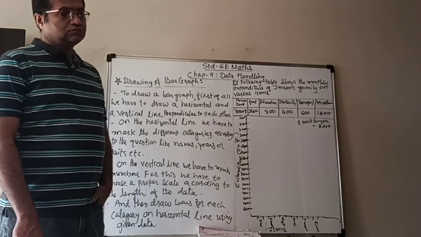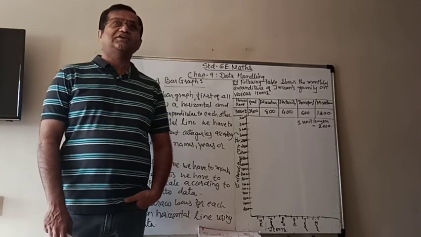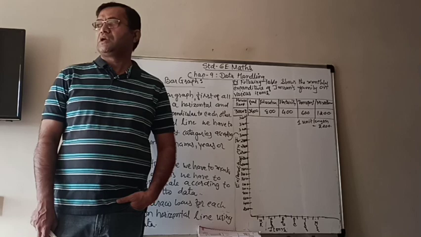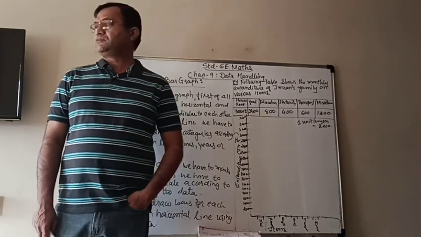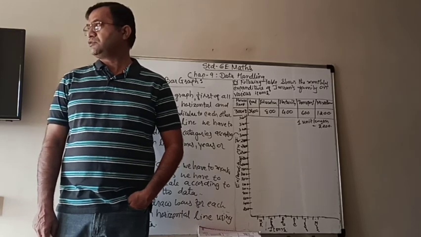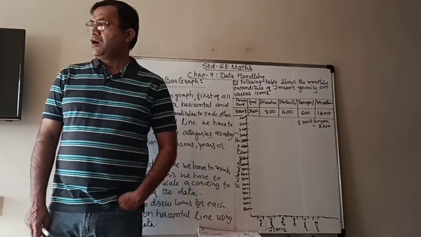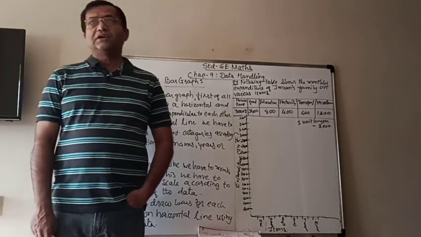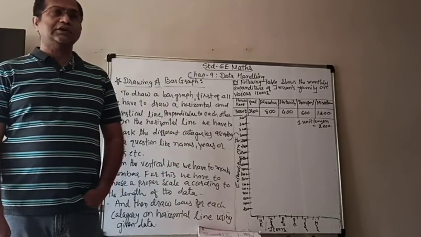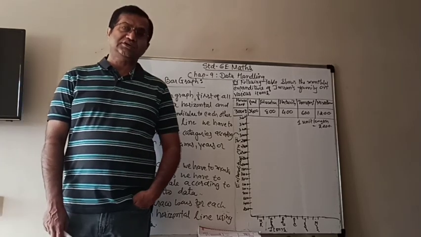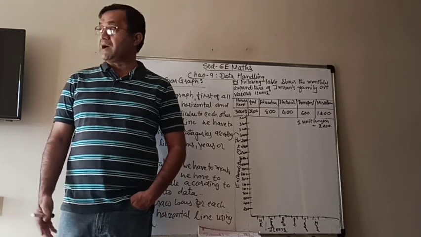So, for example, we already learned about it that if we need some information like number of children in the family in a particular area, or income of the parents of the students, or height and weight of the students, attendance, marks obtained.